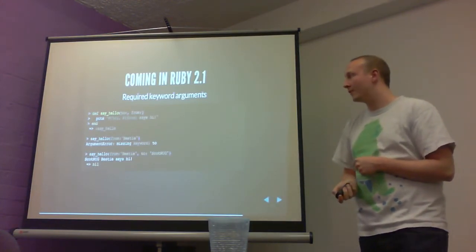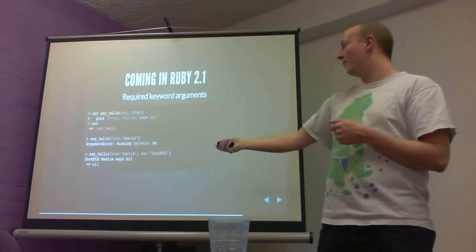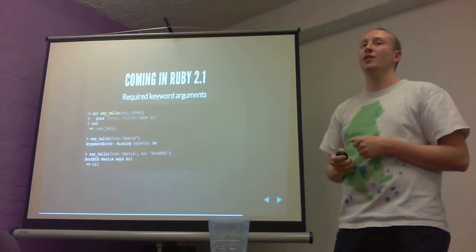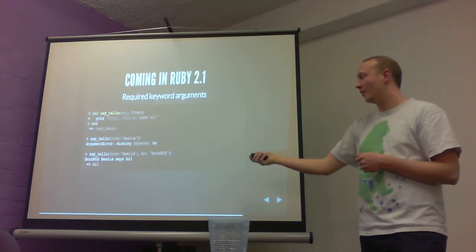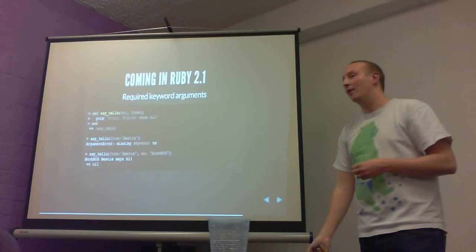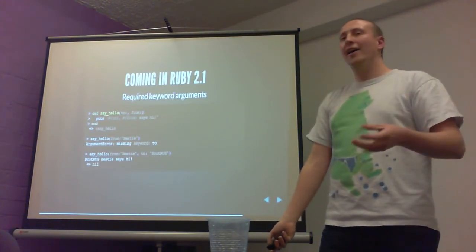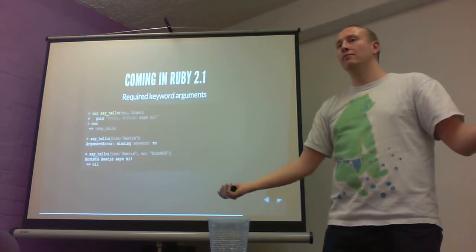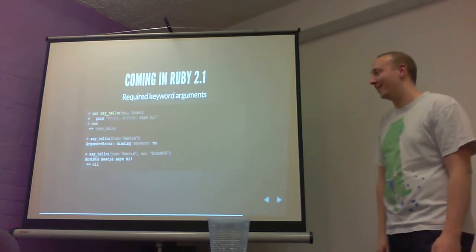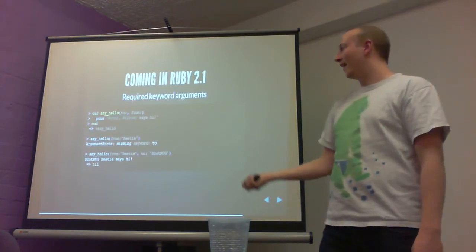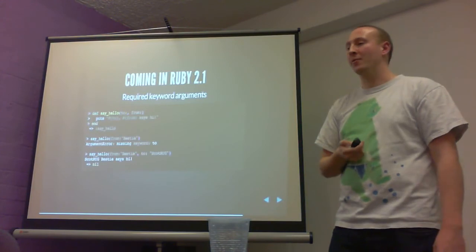And it will raise a nice argument error, missing keyword 2, which for me is the best possible argument error imaginable. Rather than, I'm sure we've all had, argument error 3 for 4. Did I need 3 or 4? Which way around is it? No idea. So, I'm a really big fan of these required keyword arguments.